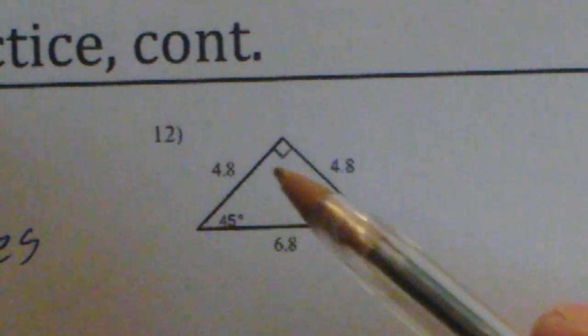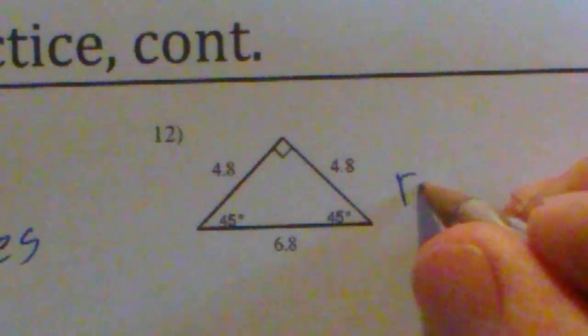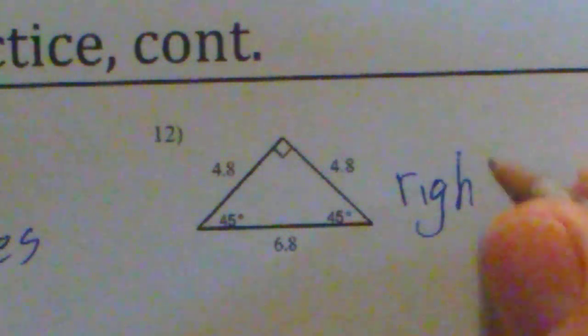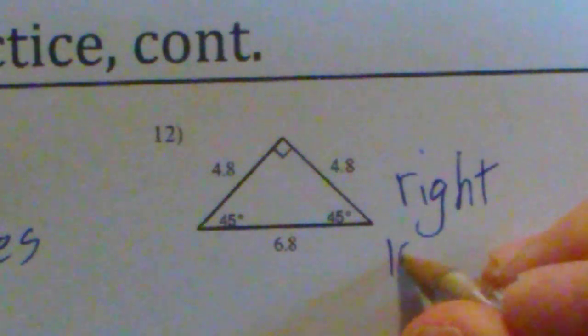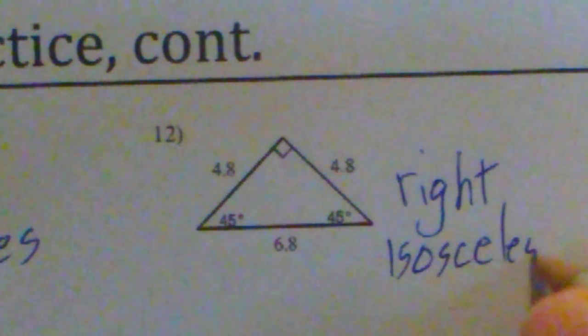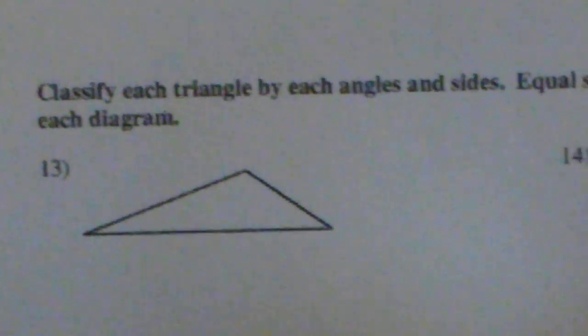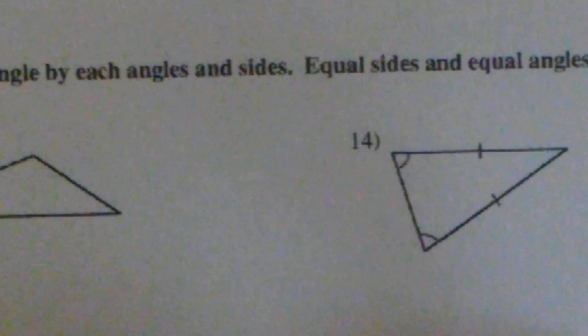Isosceles, two are the same, and it's right triangle. So we'll say a right isosceles. Okay. Is this the same thing still? Classify by each angle and sides.